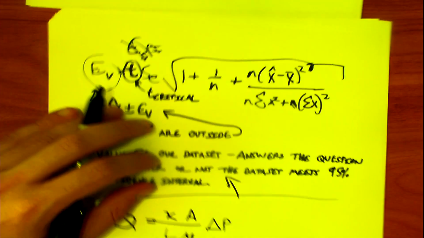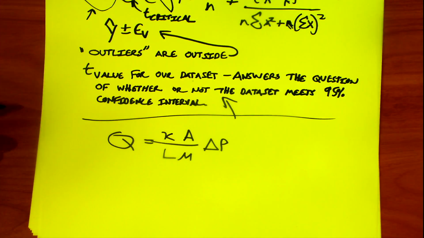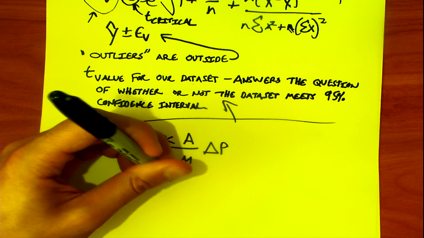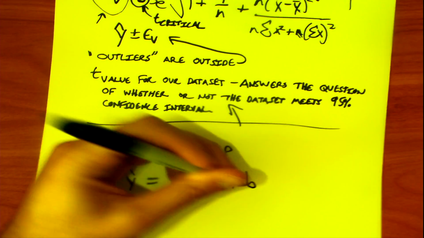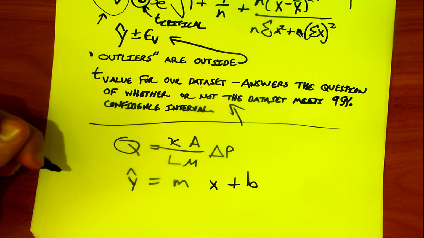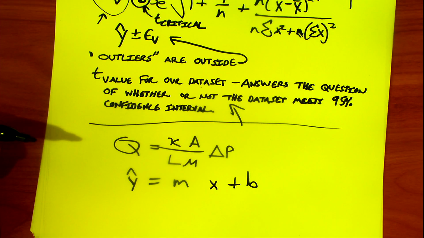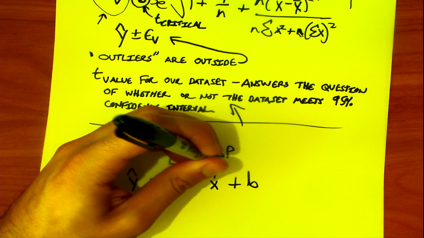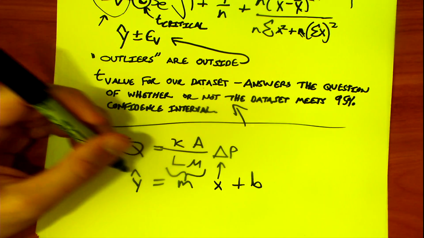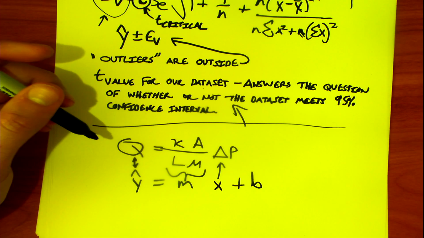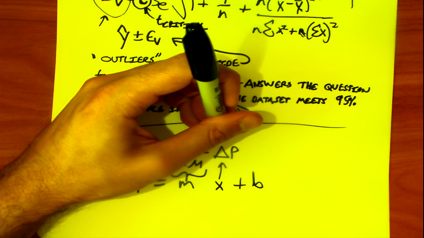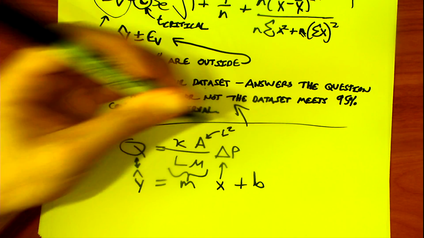So you've got something like that? Cool. When you make your equation, you get something like that, and depending on how you set things up, say your x is delta p, your m is all that, b is this, y is that. So what are the units of a? Centimeter squared, so a length squared.